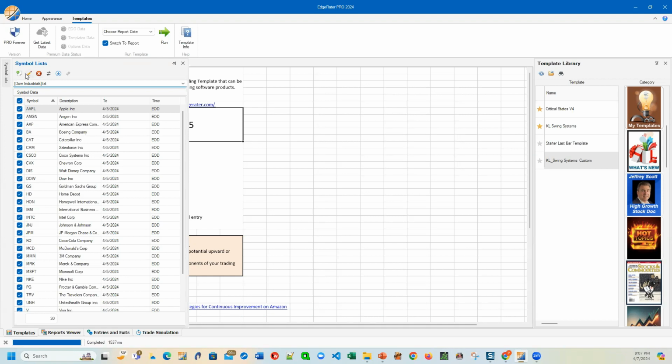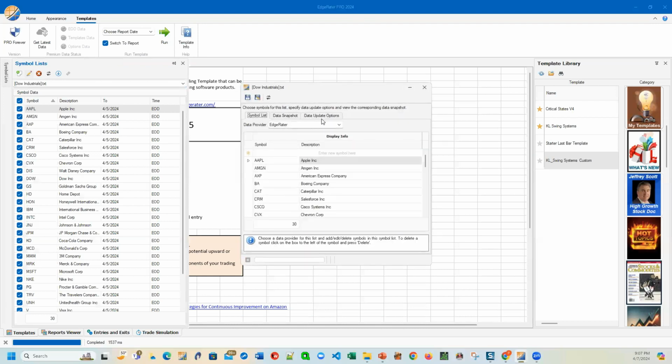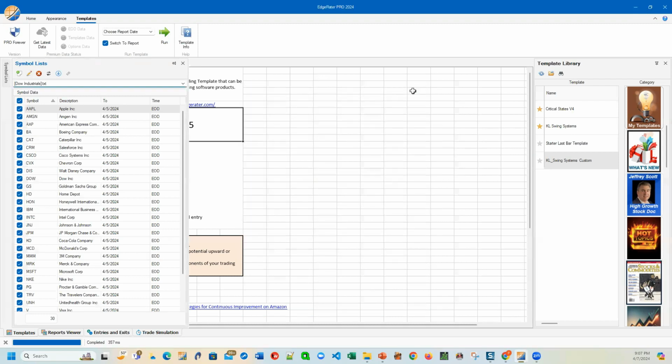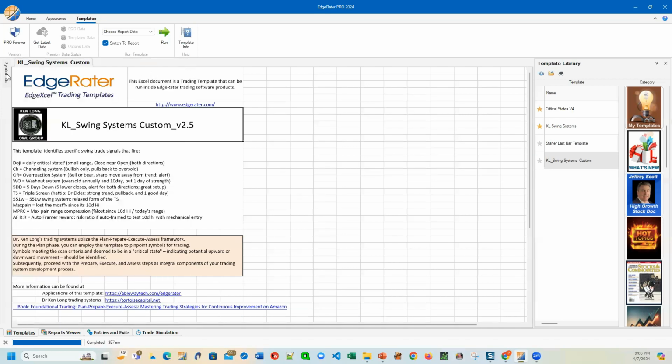Normally I go to edit and ask for 30 years of data, because some of the indicators require a greater length of time, more than 10 years. So after updating it for 30 years, we can hit run.